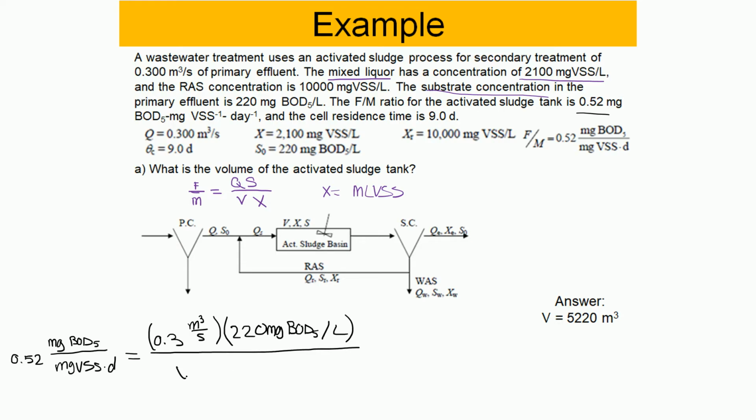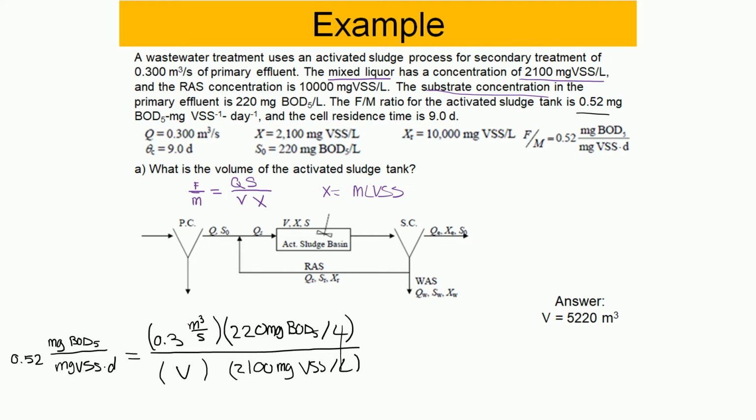We're trying to find V, and we know what X is, that's given to us, which is, make sure we don't use the wrong one here, 2,100 milligrams of VSS per liter. So right away, we can see that this L and this L would cancel, and this BOD and that BOD would cancel.